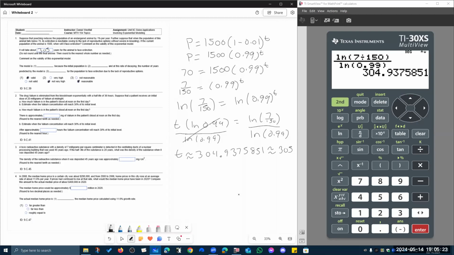There's so much inbreeding that the negative traits can't be bred out, and it's going to eventually die off because of that. So, all right, let's look at number 2.